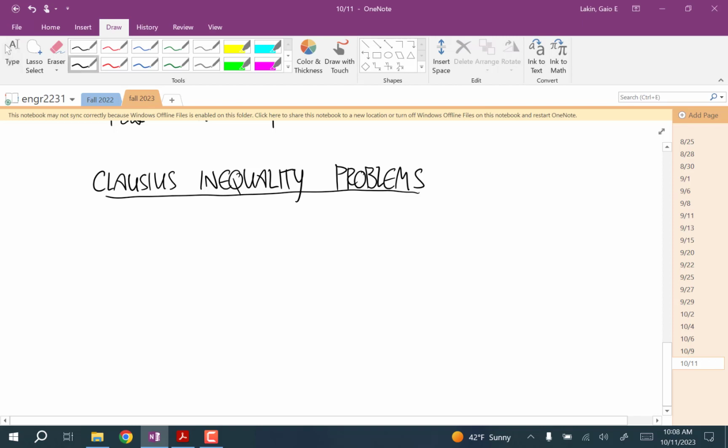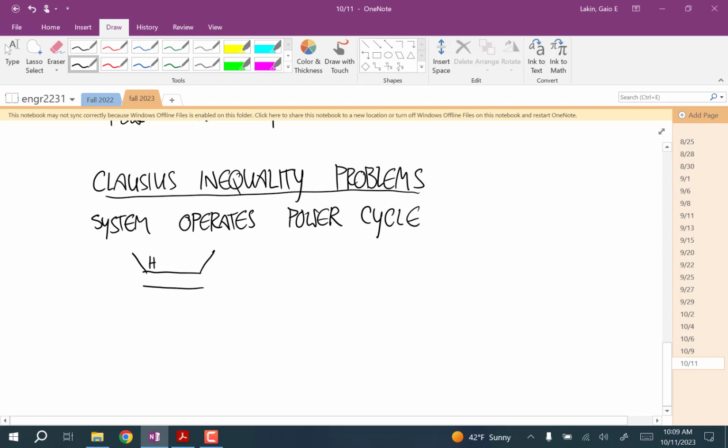So let's say that a system operates a power cycle. So a power cycle looks like this, remember. You have the hot temperature here, system here, cold temperature here.